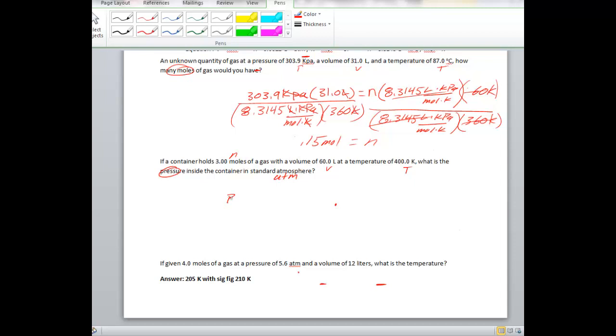So P times 60 liters is equal to 3.00 moles multiplied by the standard, or R value, for this when we're using atmospheric pressure units. And I have a temperature of 400 Kelvin.